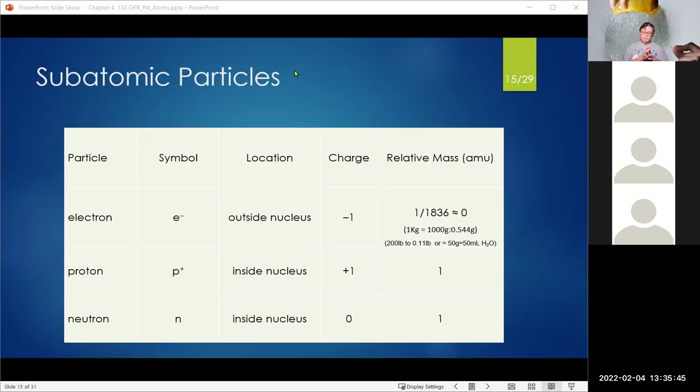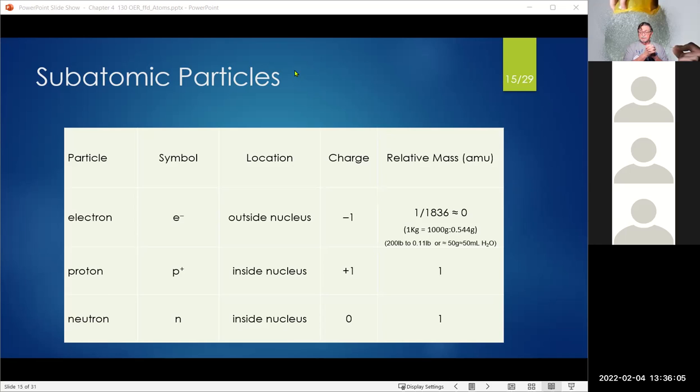The electron, on the other hand, is basically given an approximate 0 because that weight is so tiny and so small that it is treated as a 0 weight. Obviously, it does have mass to it.